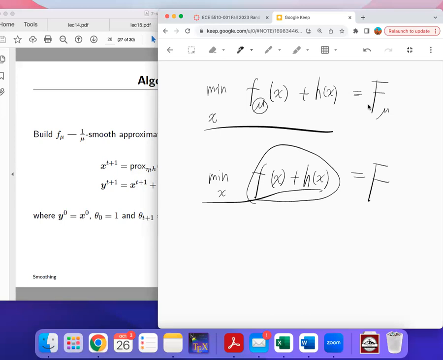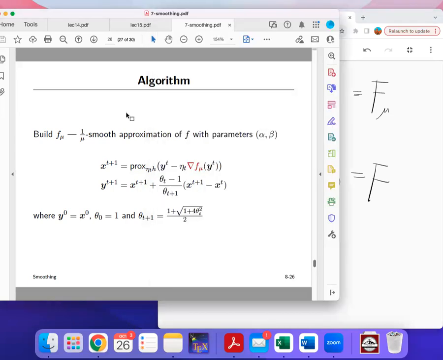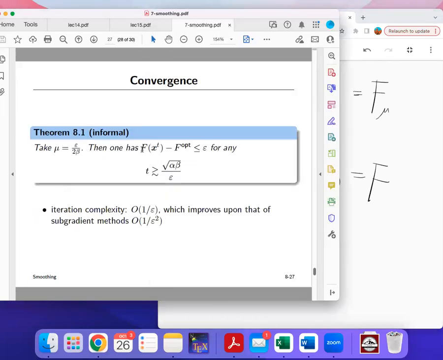So for the optimization, we can apply the optimization result of accelerated gradient descent on f mu. But this result is stated in terms of the optimality gap of the original problem.